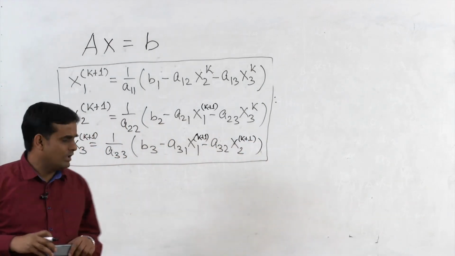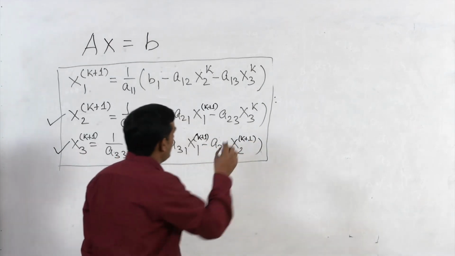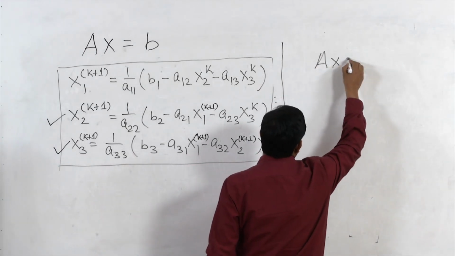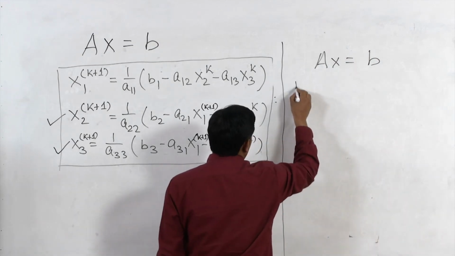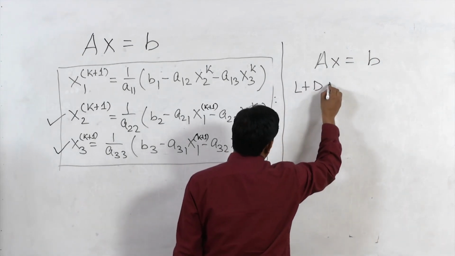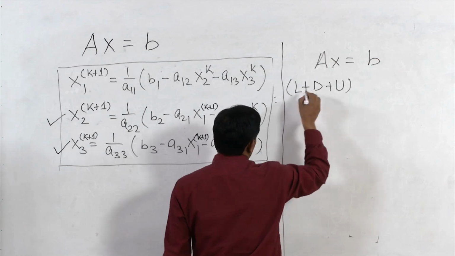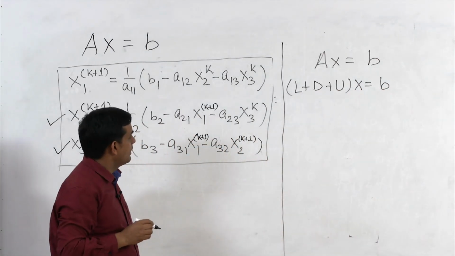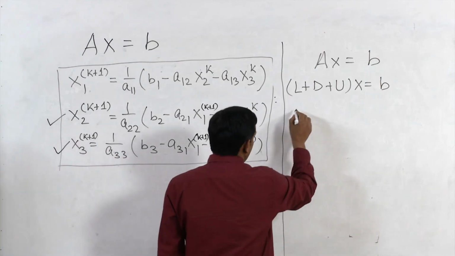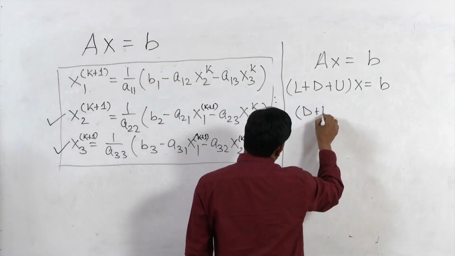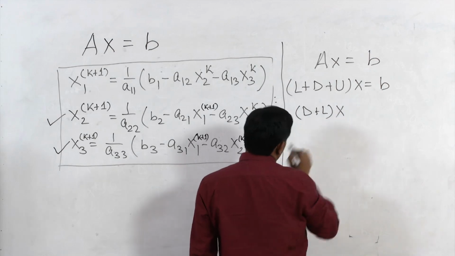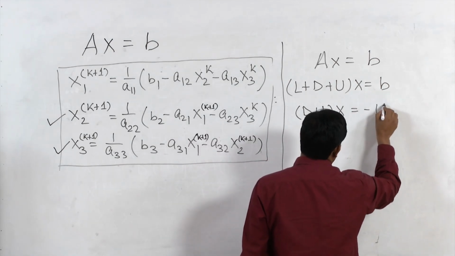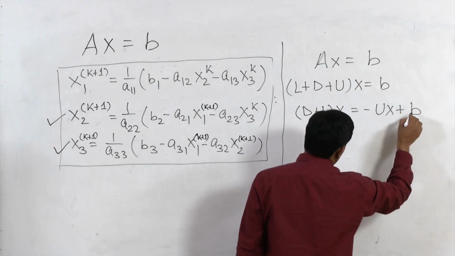So, basically in a general setting, I have a system Ax equals b, again I write it as L plus D plus U times x equals b, and then I write D plus L times x equals minus Ux plus b.